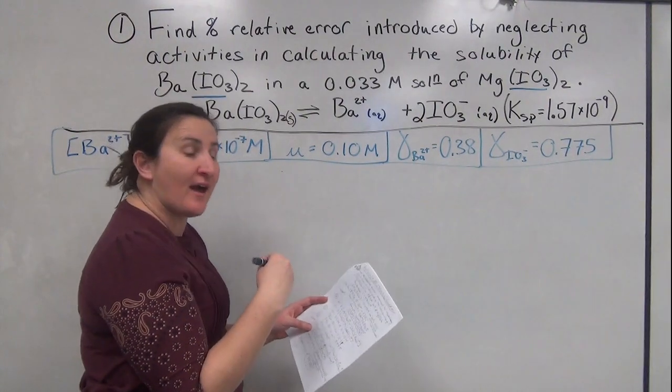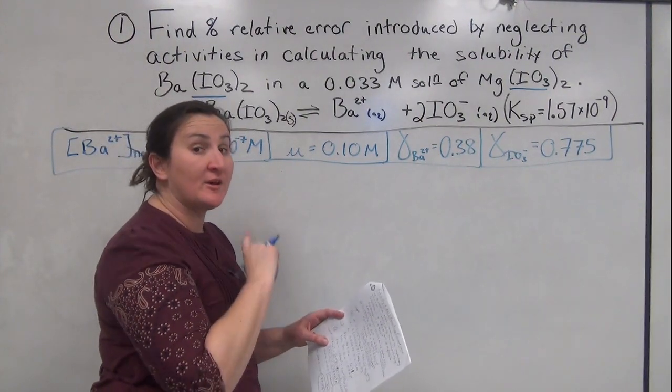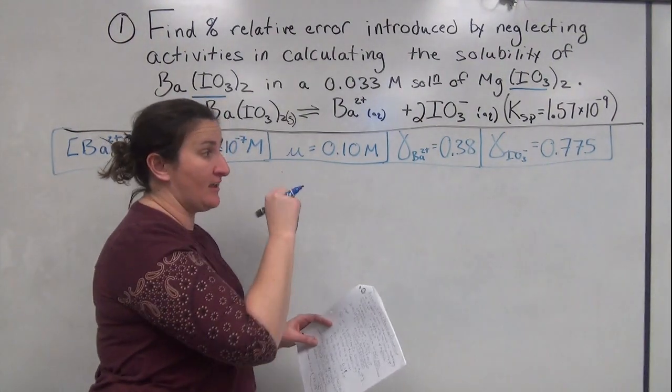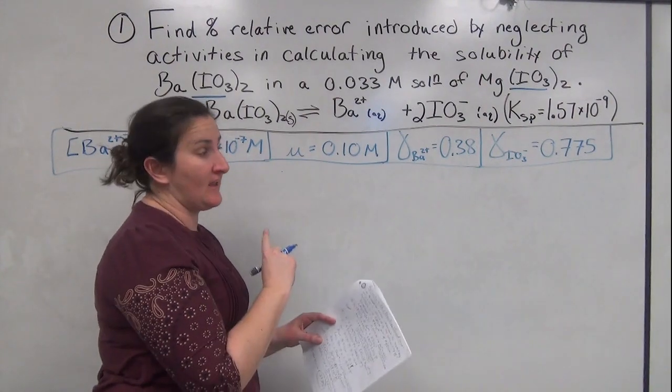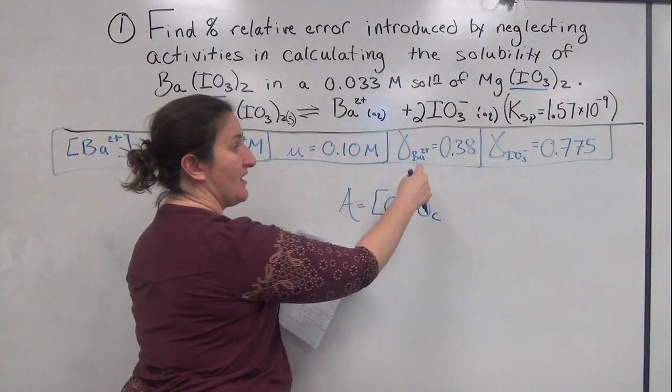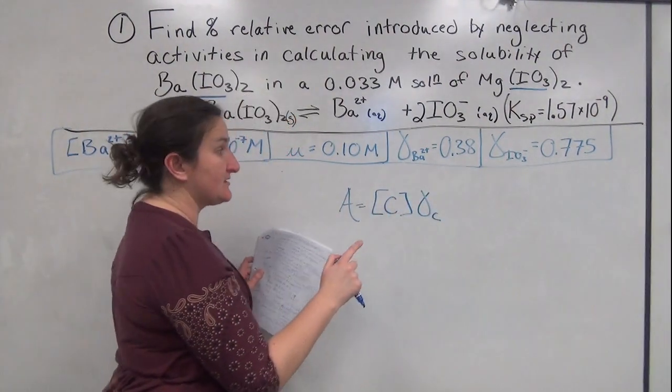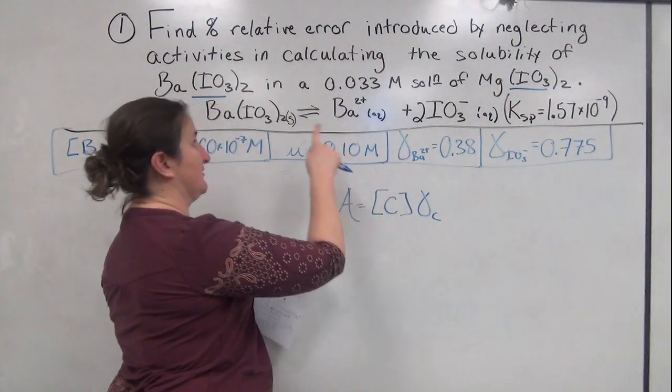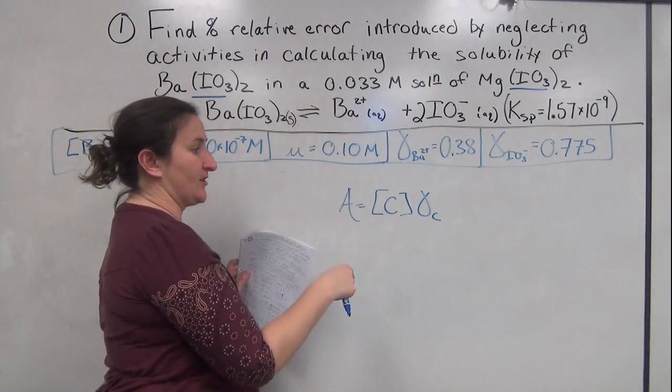We can just plug them back into our KSP equation, but instead of K equals concentrations, it's K equals activities. So we now know our ionic strength and our two activity coefficients. And remember, they are the activity coefficients for our analyte, not for our salt.